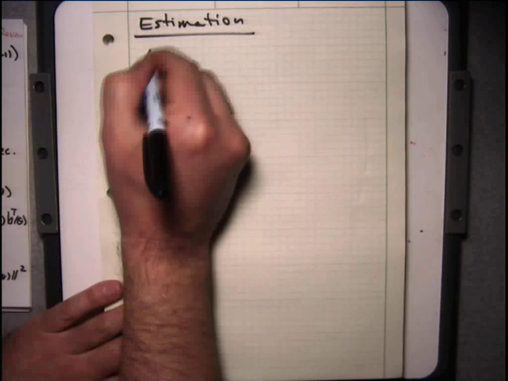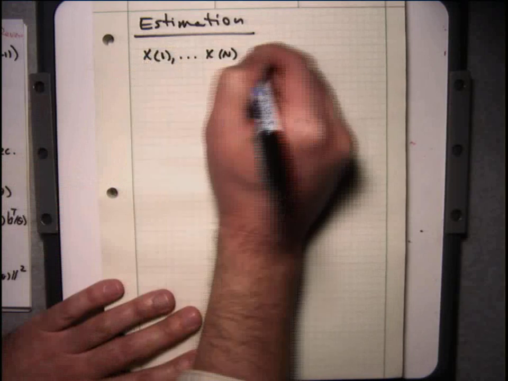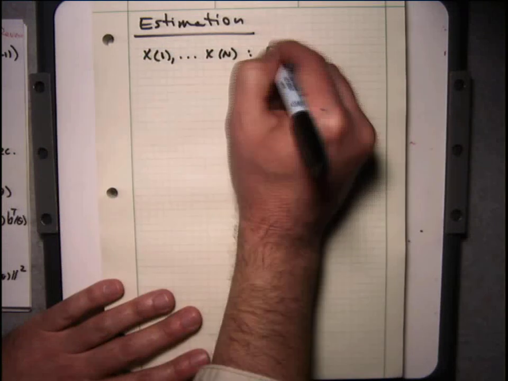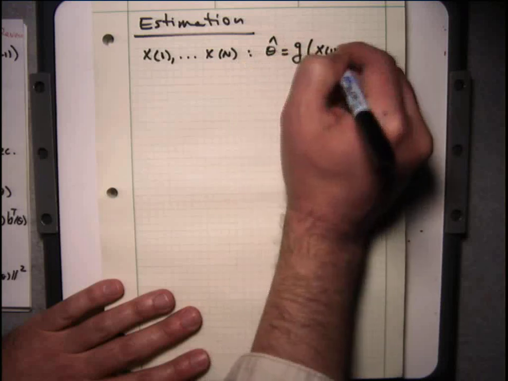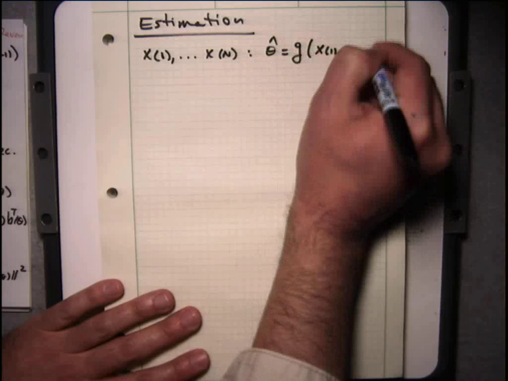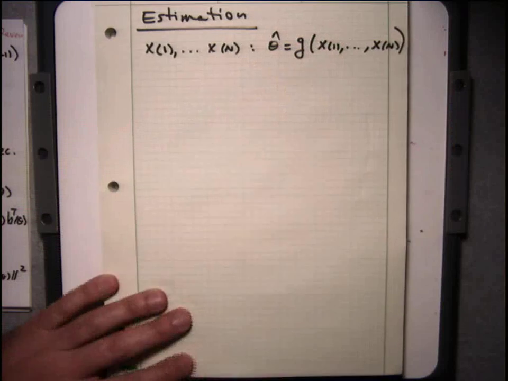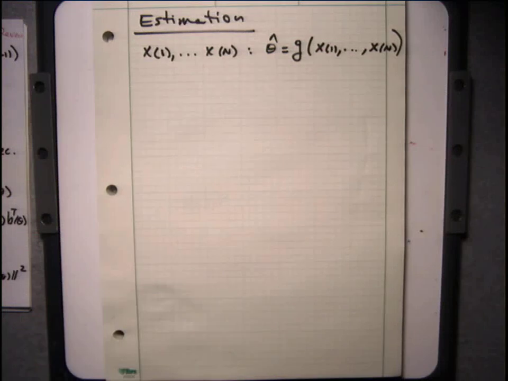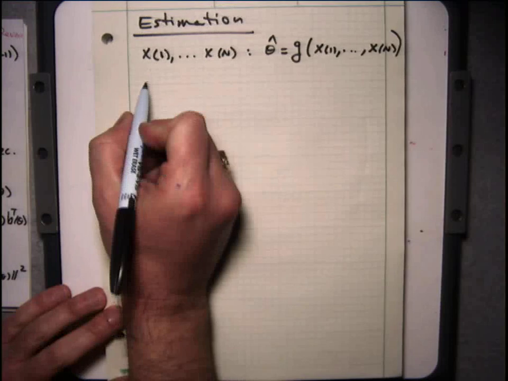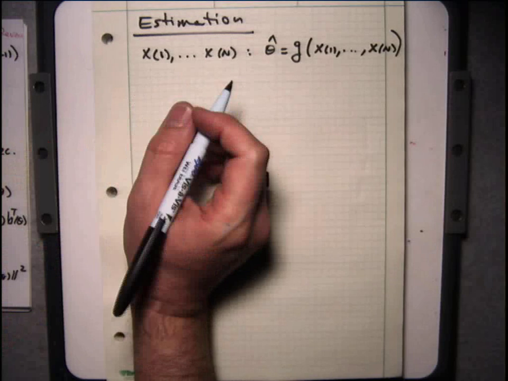So you're going to have a bunch of data, let's say x1 through xn, and the estimate is going to be theta hat equals some function, let's say g of this data, x1 through xn. Every estimator is going to be measured by its bias and variance characteristics.